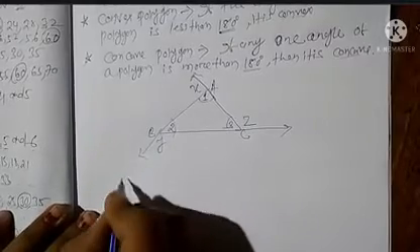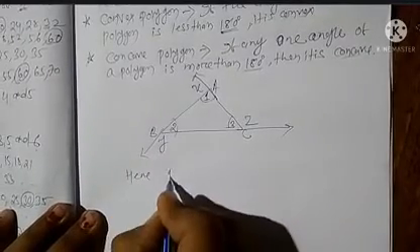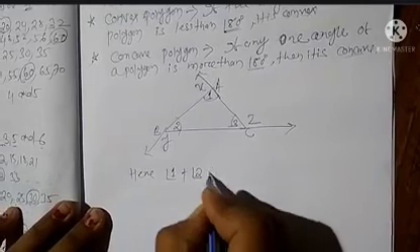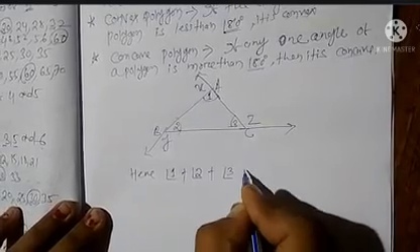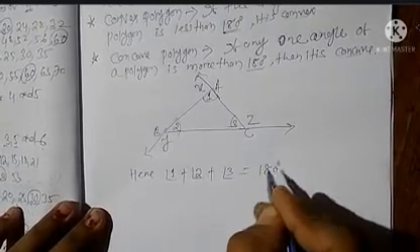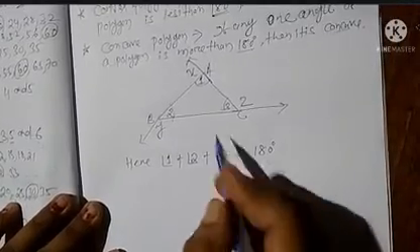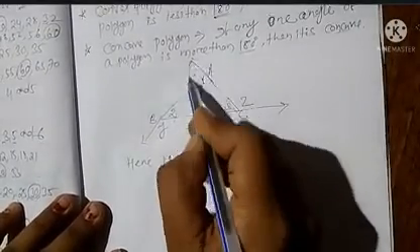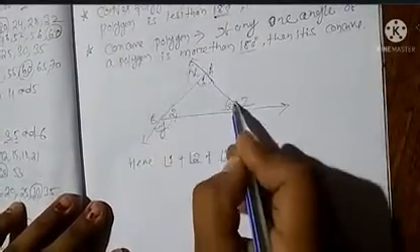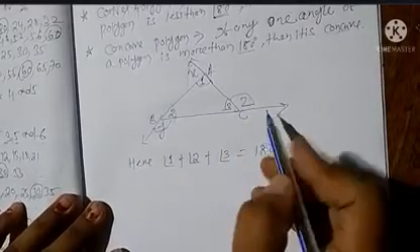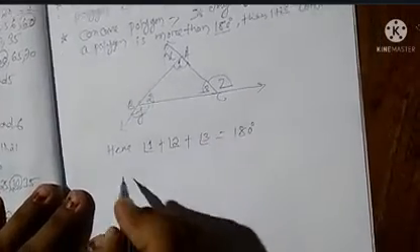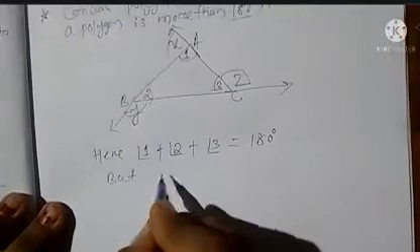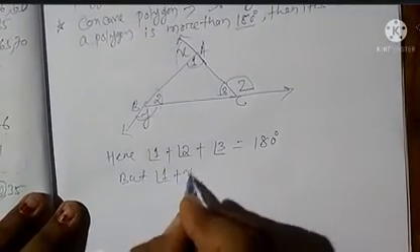So here angle 1 plus angle 2 plus angle 3 is equal to 180 degrees. We will prove what the sum of the exterior angles of a triangle is. Angle 1 plus x, how much?